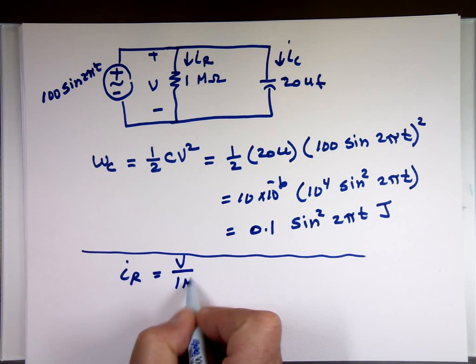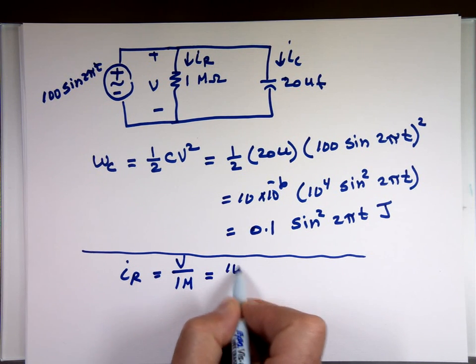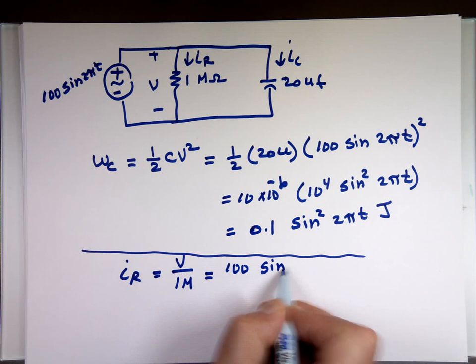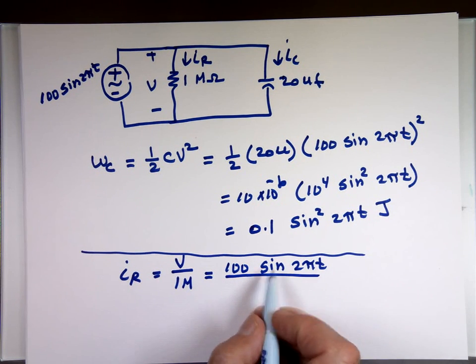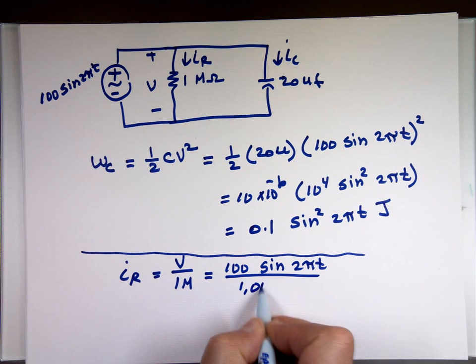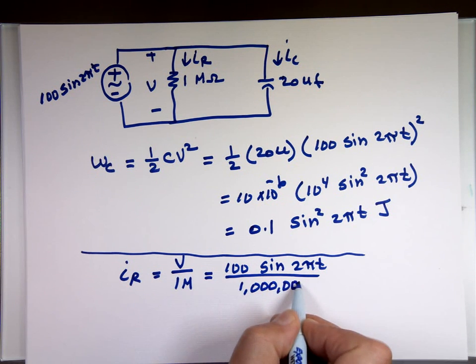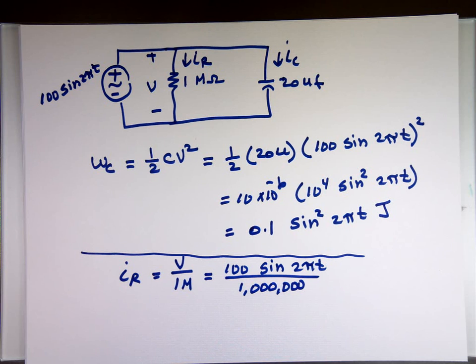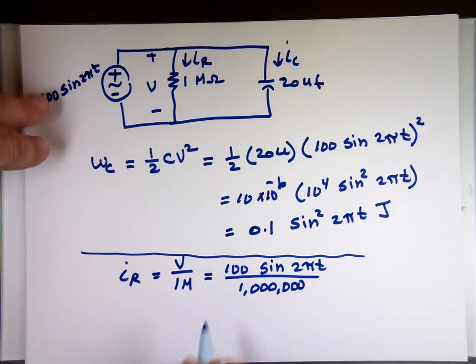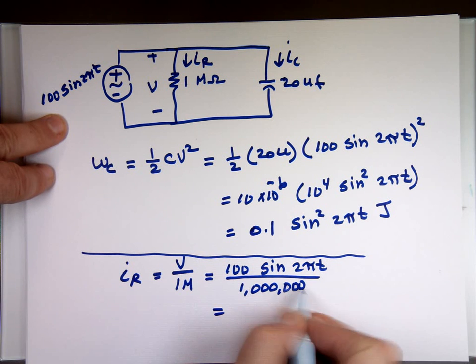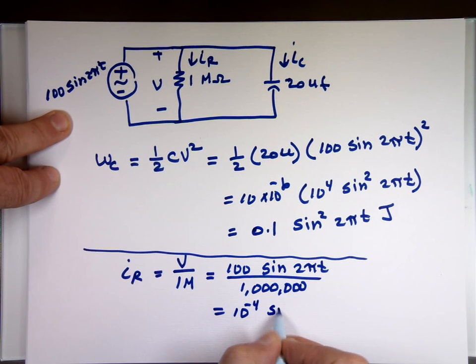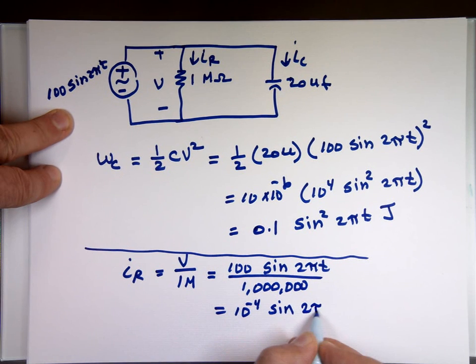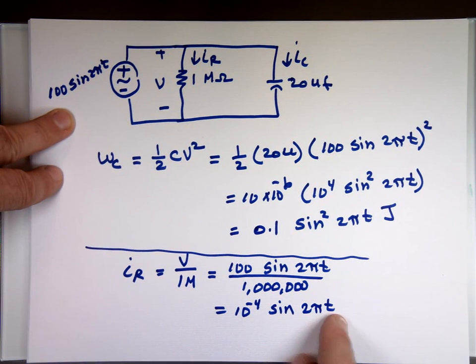The voltage is 100 sine 2 pi t divided by 1 mega, that's 1 million. Two of these zeros cancel. That looks like 10 to the minus 4 sine 2 pi t.